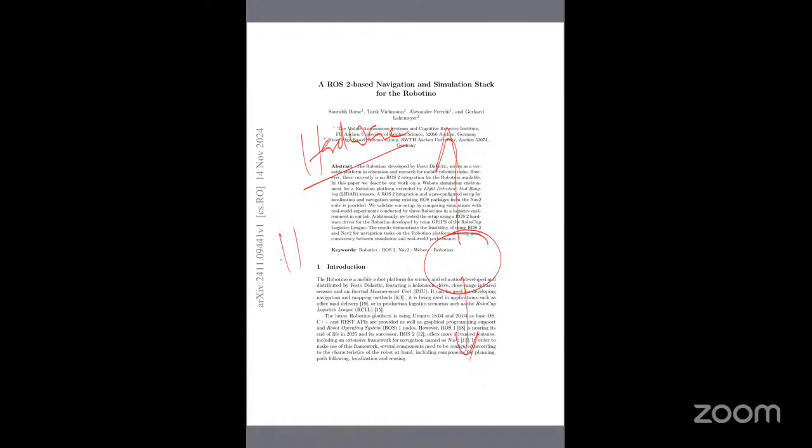Normally the mobile robot will move forward and backward, but this Robotino can move forward, backward, left side, right side, etc. It can also rotate 360 degrees, either clockwise or anti-clockwise. We call it a holonomic drive.